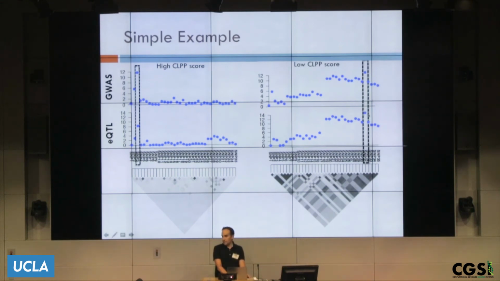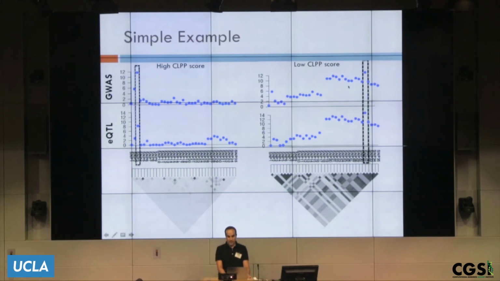The peak SNP is also the same, but are you sure that it's the same SNP in these two studies? No, right? Because it could be the one, but it could also be this one, and this just happens to be the peak SNP. So in this case, it's an ambiguous case. That's the intuition.